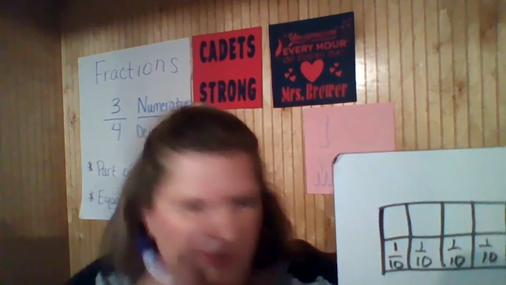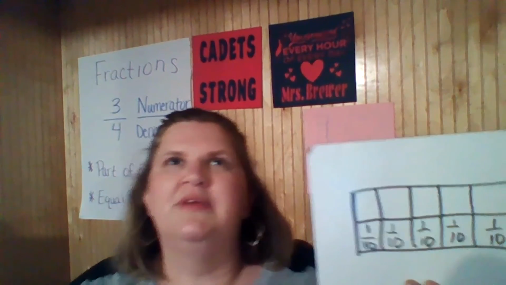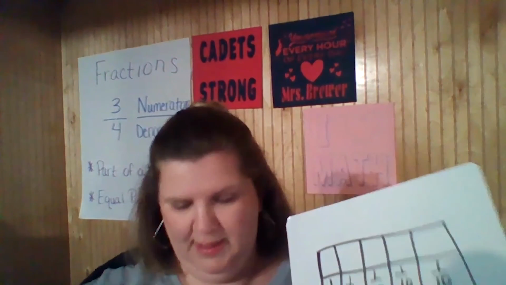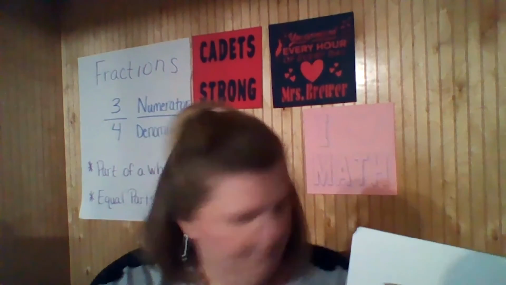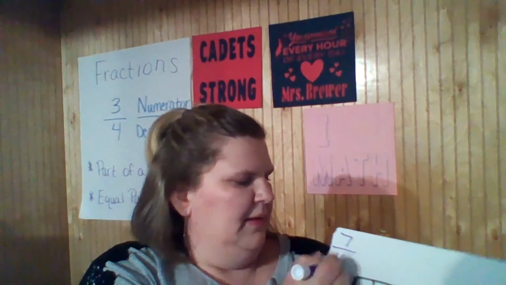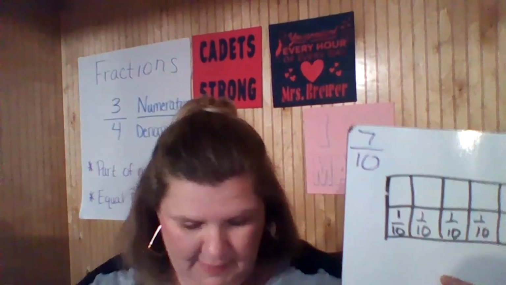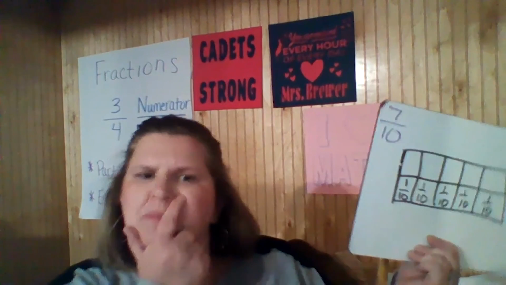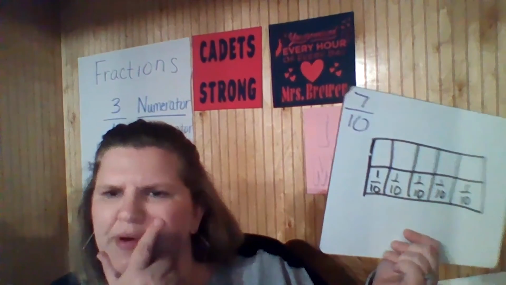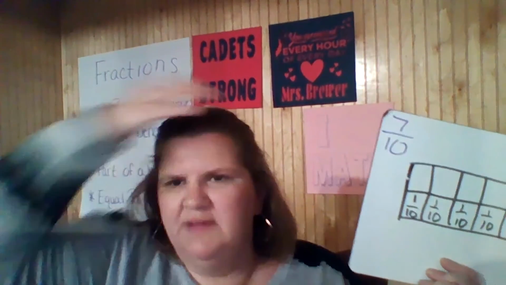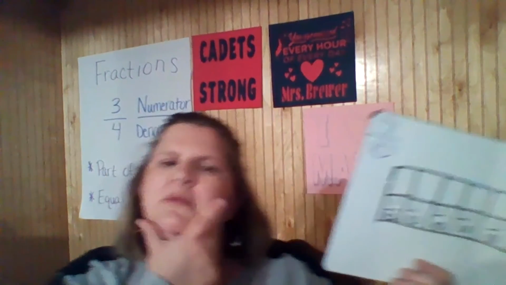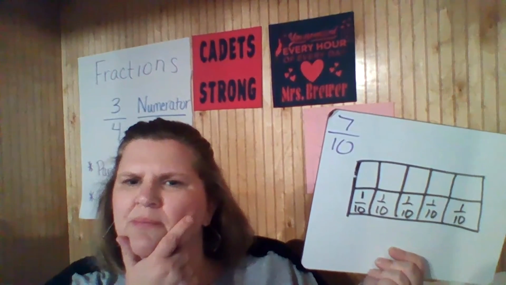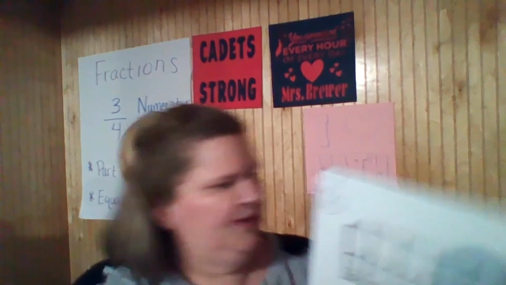And if you say 7, okay, I want to shade 7/10. Let me write it here so you see. If you say 7, I want you to put your hand on your chin. Is it 5, 3, or 7? You're right. It's 7 pieces.